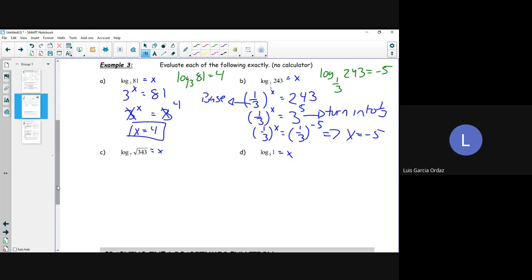All right, let's keep going. So we have log base 7 of the square root of 343 is equal to x. How would we write this in exponential form?